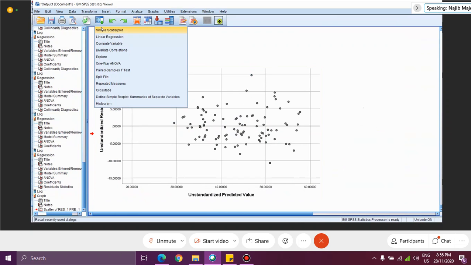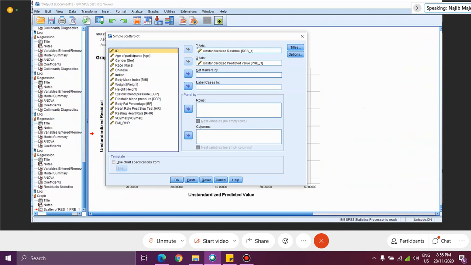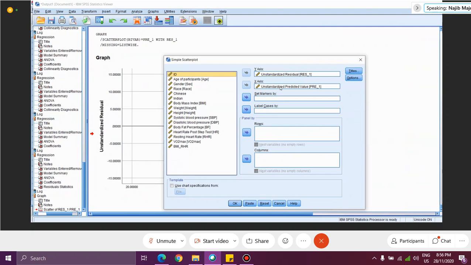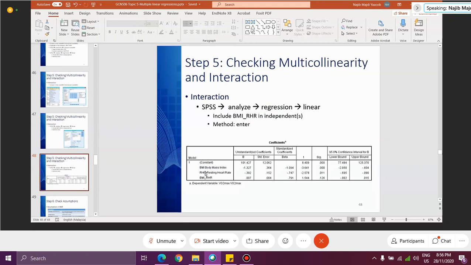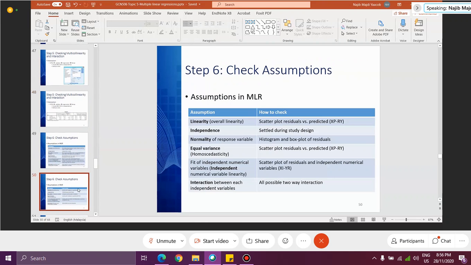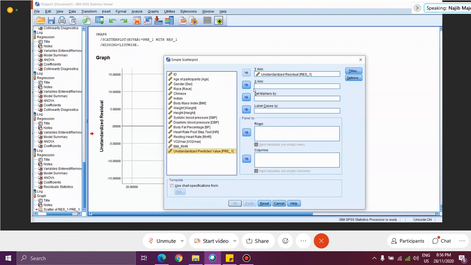So the next one, you can also straight away check the assumption of each independent variable linearity. Okay, again, what are our independent variables? BMI and resting heart rate. So the first one, BMI.